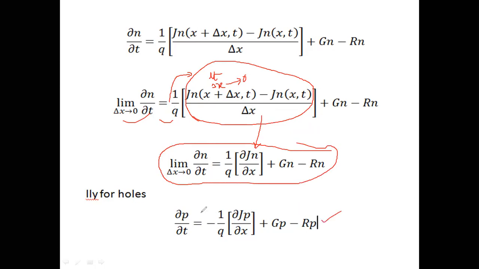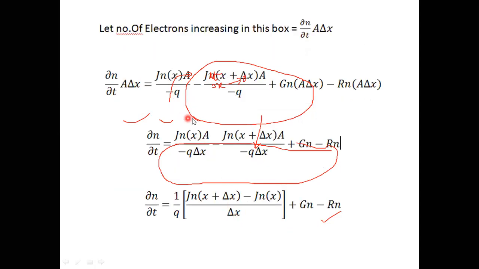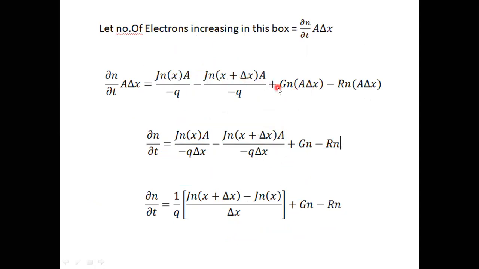How will I get this? In this equation, replace n with p, current density due to holes, rate of change of holes with respect to time, okay, equal to Jp, current density due to holes, Jp of x plus delta x, and I have to replace minus q with plus q because for holes, the charge of a hole is positive.